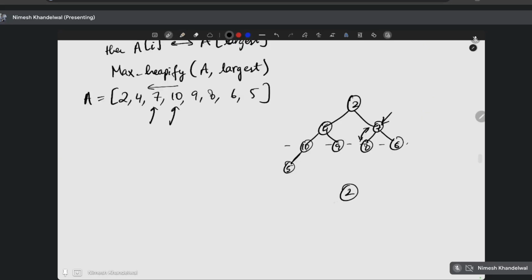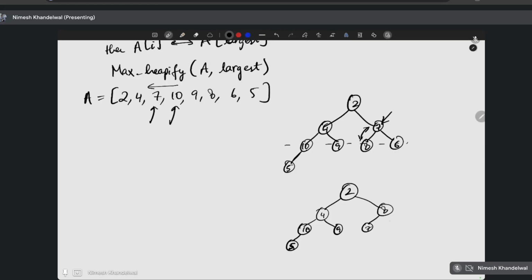So it becomes 2, 4, 10, 9, 5, right? So we go 8, we go 7 here, 6, and at the location of the last largest that was found, there is nothing to be done because there are no children, right? So we are not going to heapify this subtree. So here we are done.